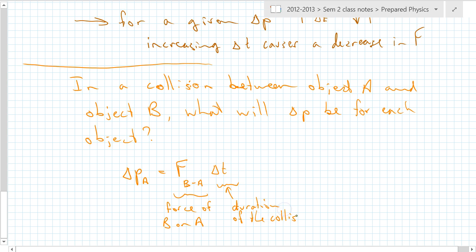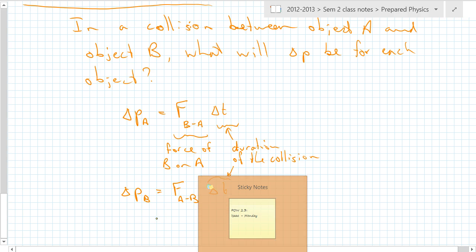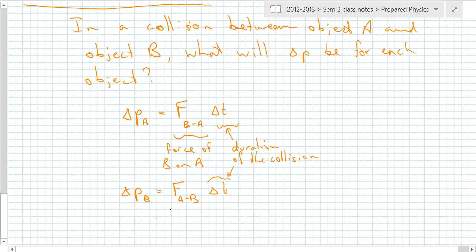Some of you might already be intuiting what's coming. If we look at the change in momentum of object B, that's going to be a result of the force of object A on object B times the change in time. I think you'll all agree that the duration of the collision is going to be the same for both objects since they're colliding with each other.